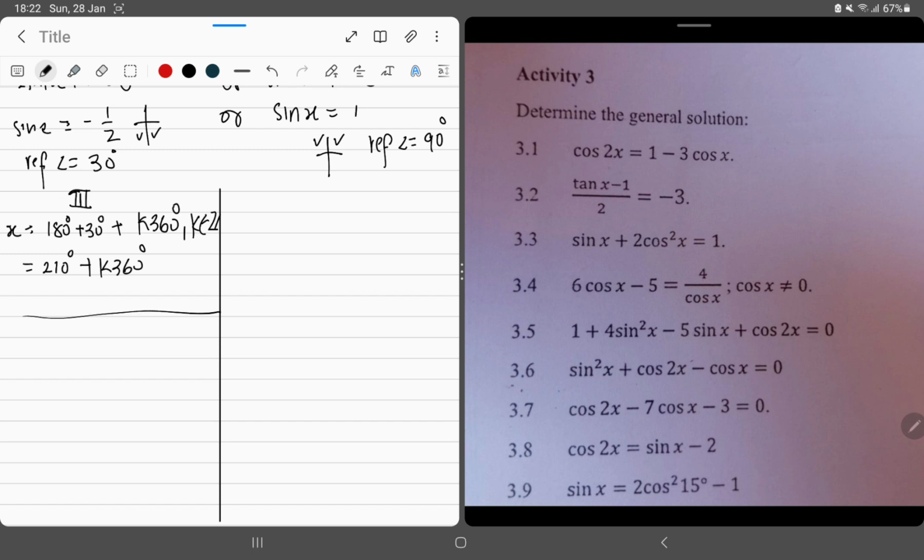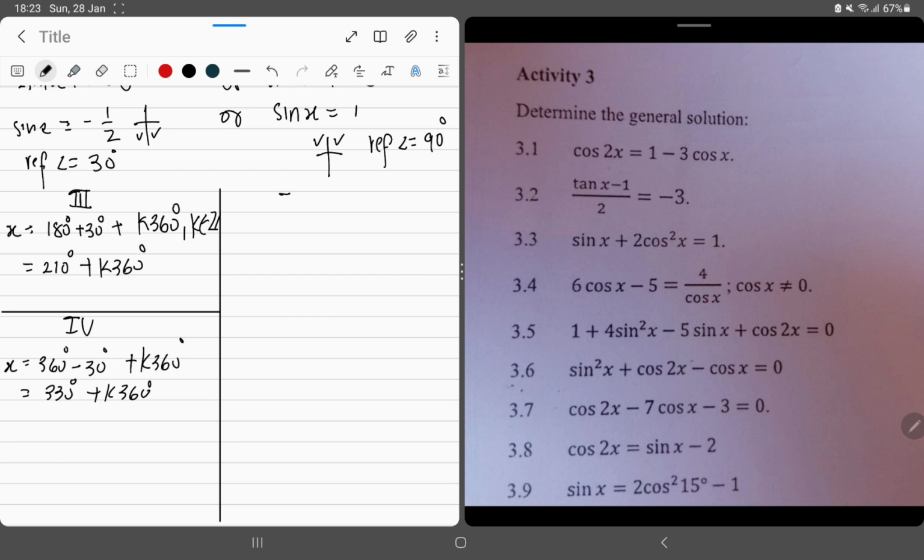This was quadrant 3. Now I'm going to use quadrant 4. x is equal to 360 degrees minus 30 degrees plus k 360 degrees. 330 degrees plus k 360. Now we move to the second.